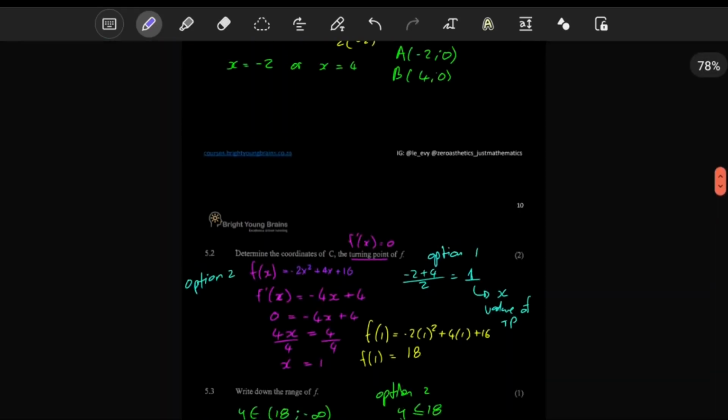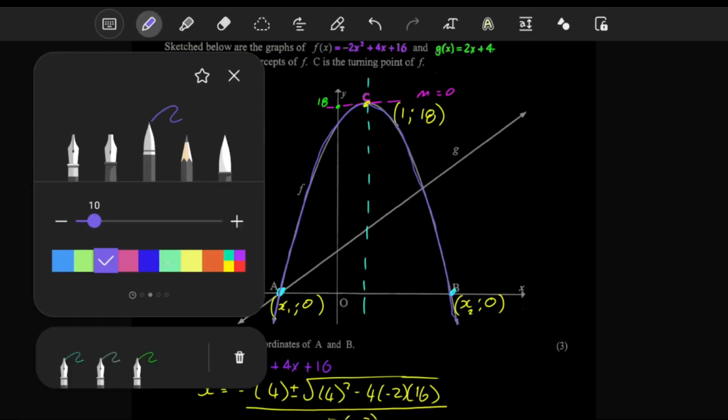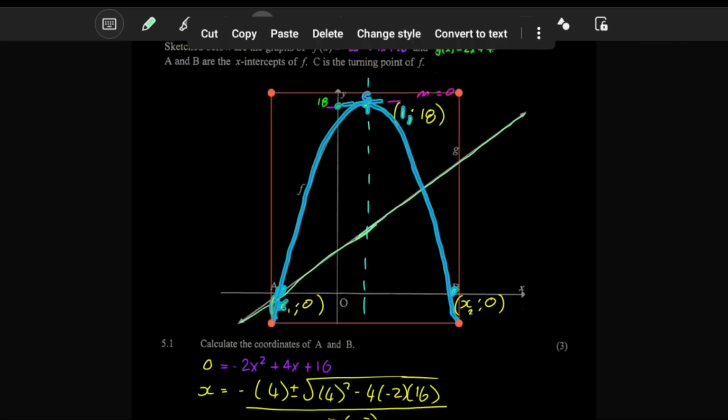If you look at your graph here, your graph of f is this over there. Your graph of g is the straight line. So what they're saying is, how many units up or down do we need to move our graph so that it will not touch our straight line graph?